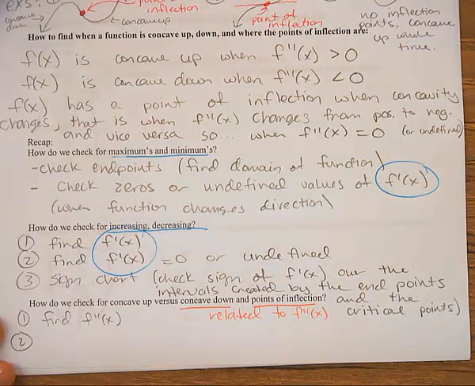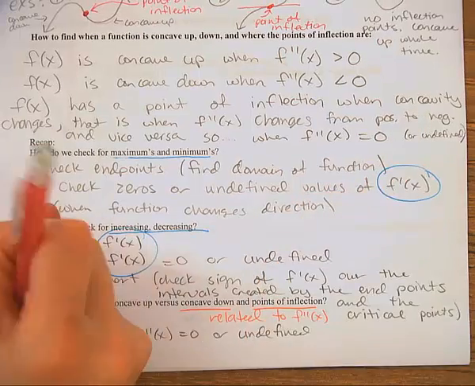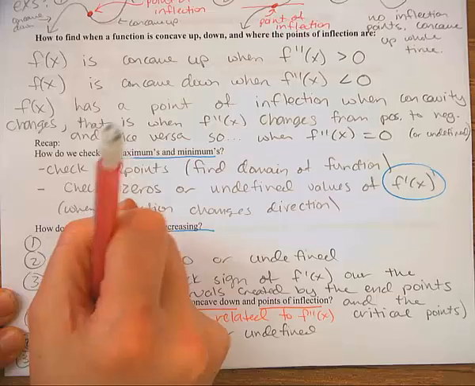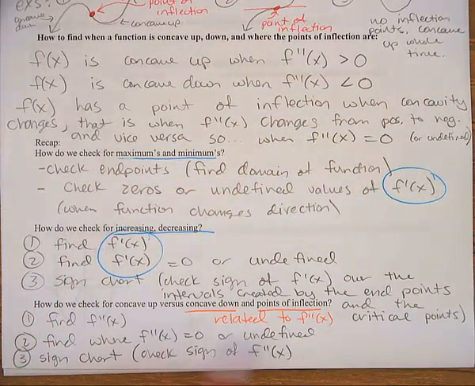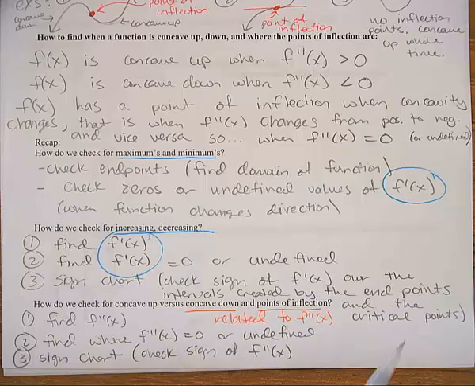You're going to find where the second derivative is 0 or undefined. You're going to make a sign chart, and you're going to check the sign of the second derivative. And you're going to check it over the intervals that are created by the endpoints again. So you use the endpoints, and then you use the points where the second derivative is 0 or undefined.